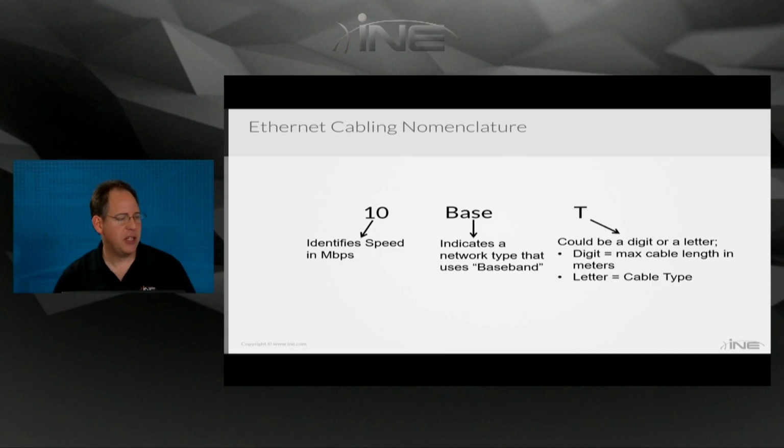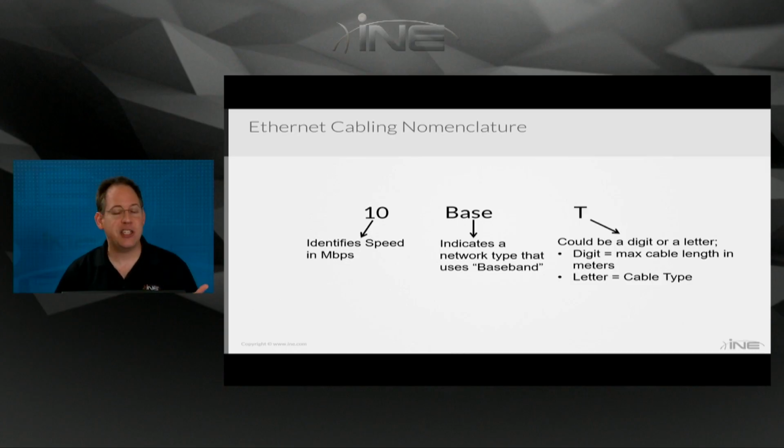These days, typically you'll see a letter there. For example, T means twisted pair cable. So if you see a letter, that's indicating the type of cable that you can use. T or TX would be twisted pair cable, and in just a second I'm going to show you what that means.